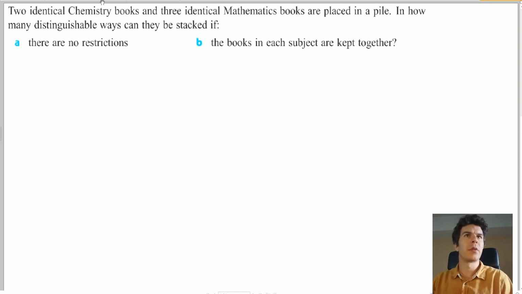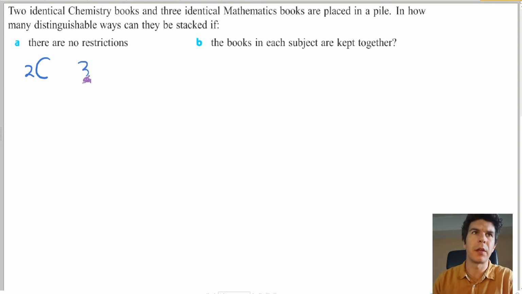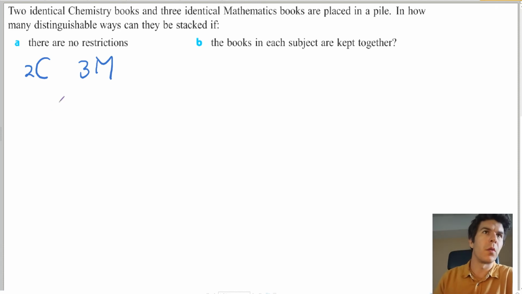2 identical chemistry books and 3 identical math books are put in a pile. How many distinguishable ways can they be stacked if there's no restrictions? So we have 2 C's and 3 M's. Remembering that this will be 5 total things, but then 2 and 3 repeats.